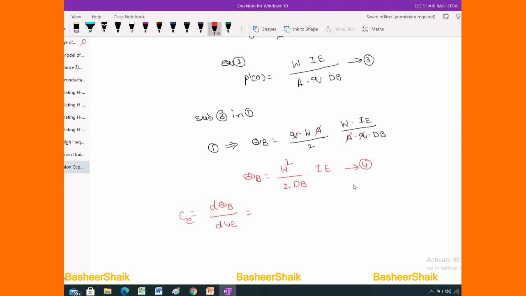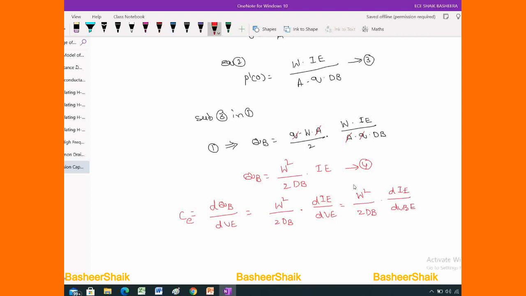On differentiation, this is W square by 2 DB into dIE by dVE, which is W square by 2 DB into dIE by dVBE.